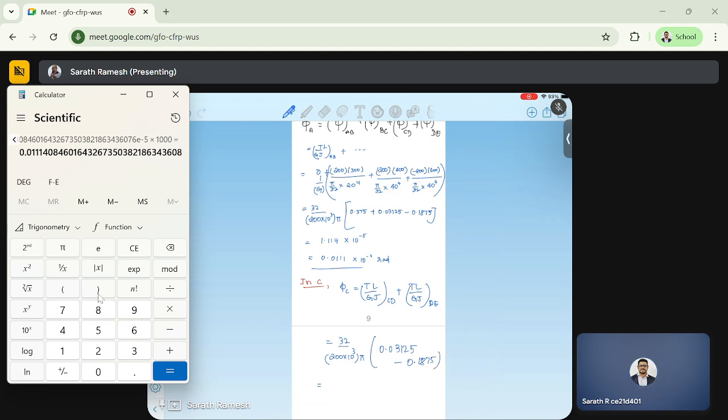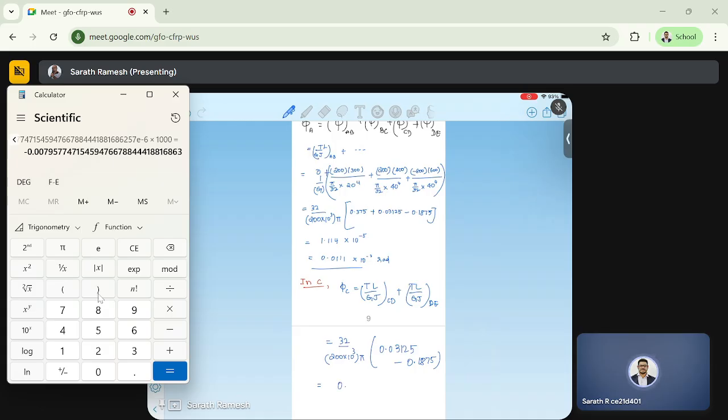This is just calculations: 0.03125 minus 0.1875, this into 32 by pi into 200 123, into 10 to the power 3.